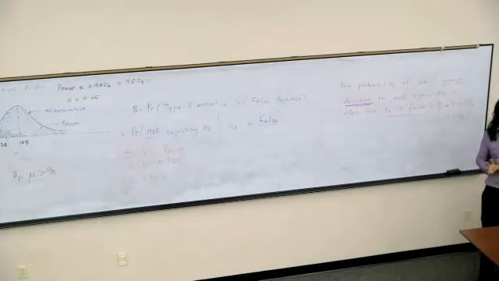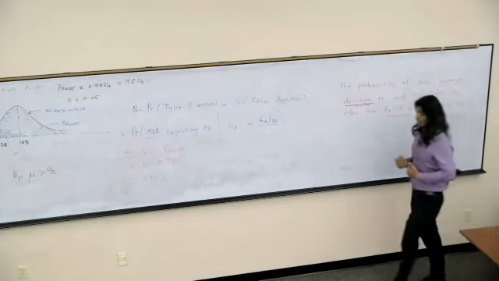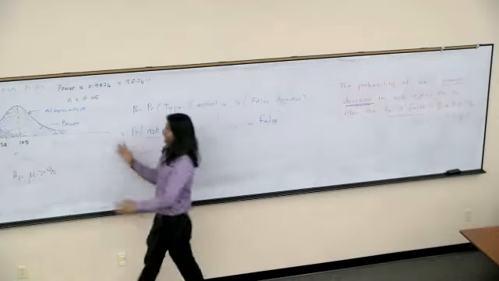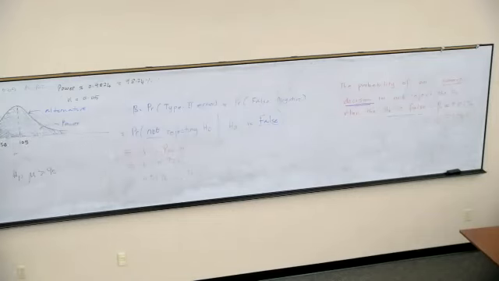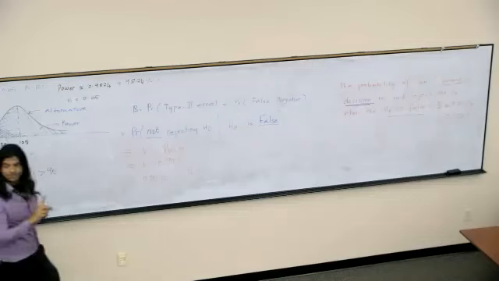Good. So the chances that I'm right in not rejecting the null, given this is what I have, is 1.76%.